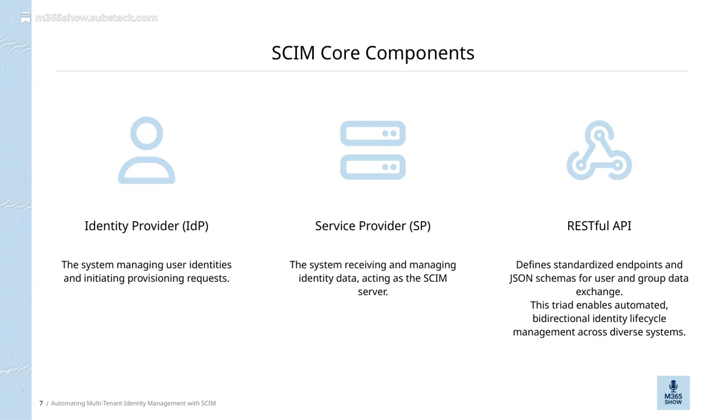Lastly, there's the identity provider, or IDP, which is often the source of identity information and plays a vital role in the overall lifecycle management process. Together, these components form the SCIM core, enabling organizations to streamline and automate identity workflows across multiple systems, aligning perfectly with our theme of simplified, scalable identity management.